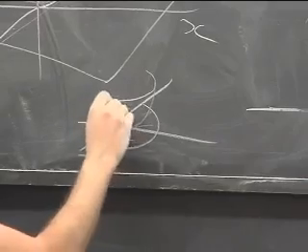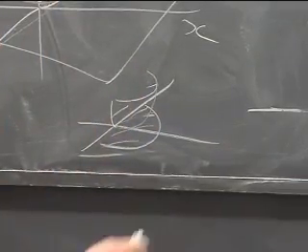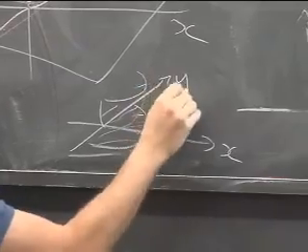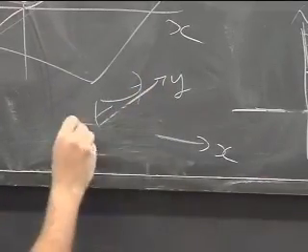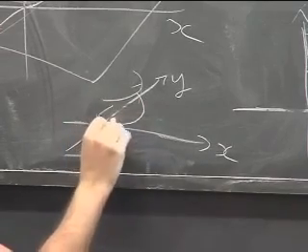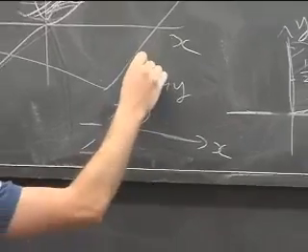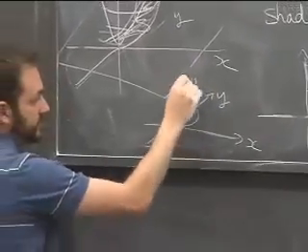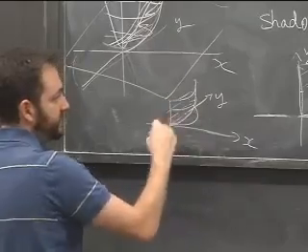There's x, there's y. Oh yeah, you're right, I didn't draw it right. It actually is sort of highest around here in the middle somewhere. I don't know. The whole thing's just a mess. I have no idea what it looks like.